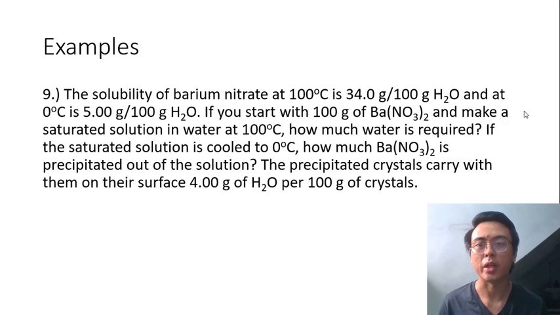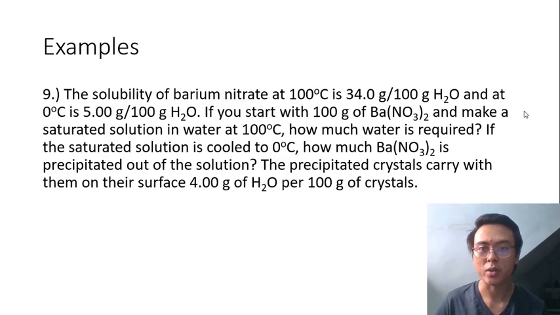Number 9. Okay. The solubility of barium nitrate at 100 degrees Celsius is 34 grams per 100 grams of water, and at 0 degrees Celsius is 5 grams per 100 grams of water. If you start with 100 grams of barium nitrate and make a saturated solution in water at 100 degrees Celsius, how much water is required?